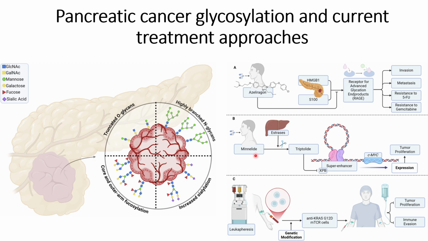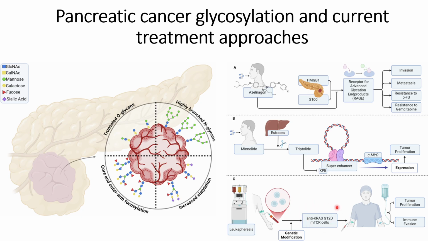If that is suppressed, then it's easier to treat patients with such conditions. The other approach commonly used is related to CAR T cells, where through leukapheresis the T cells are extracted from the patients, and they are genetically modified to target KRAS G12D T cell receptors.